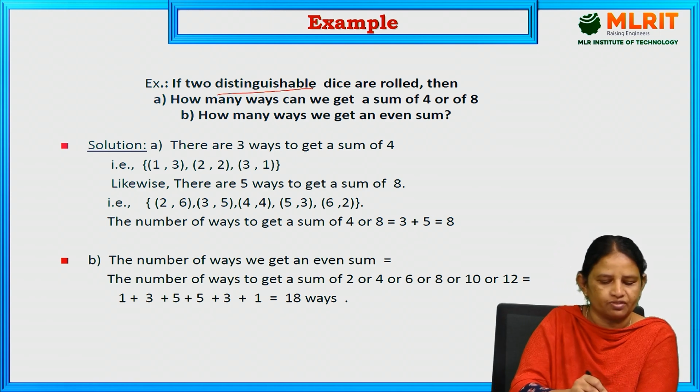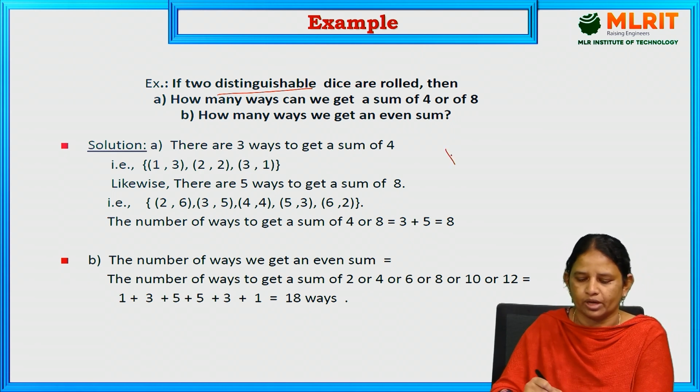If two distinguishable dice are rolled, there are two dice.